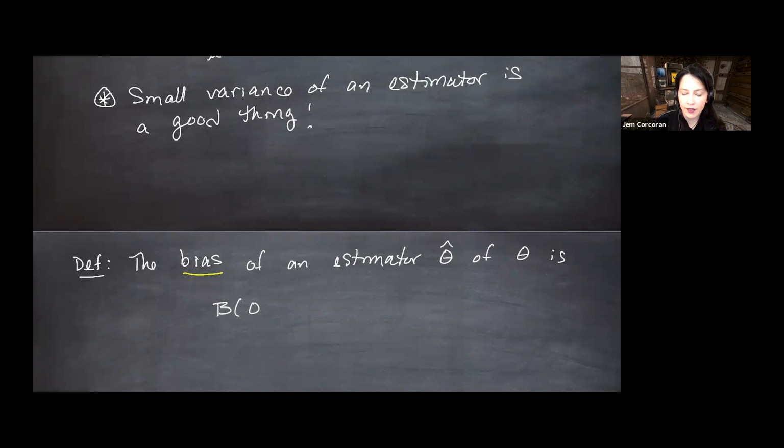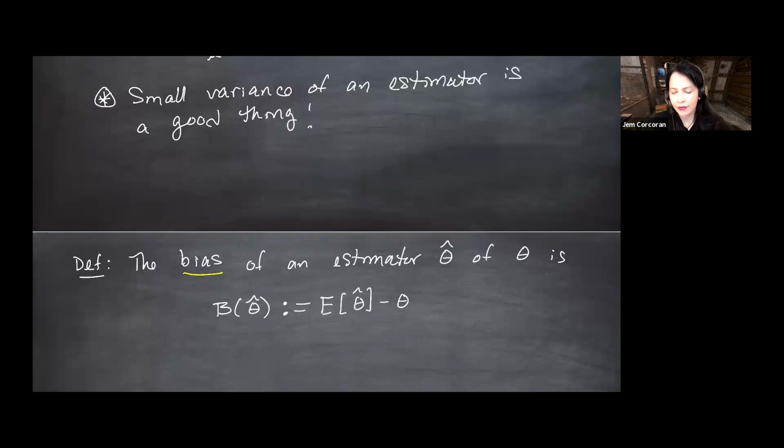Usually a B of theta hat, because it's a property of the estimator. And it's defined to be the expected value of your estimator minus the thing you're trying to estimate. So if you have an unbiased estimator, then this expectation is theta, and you get a bias of 0.